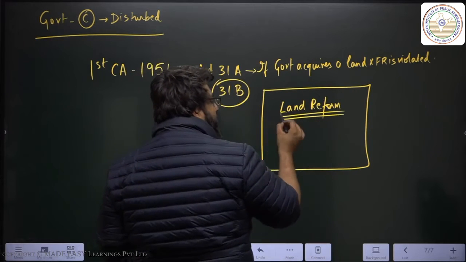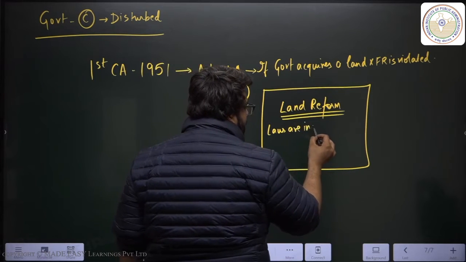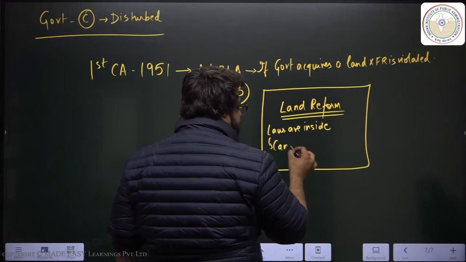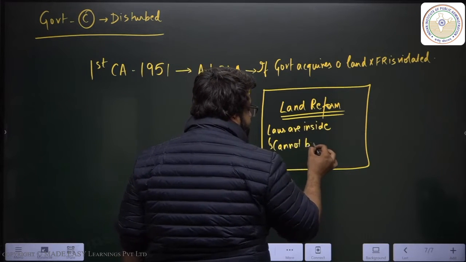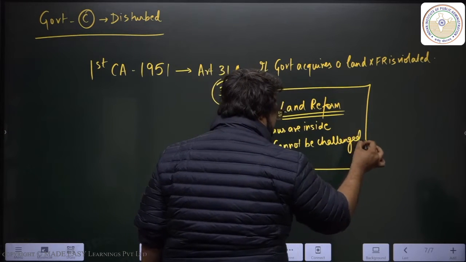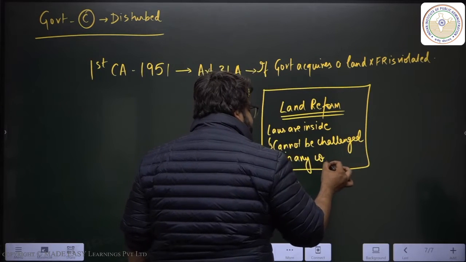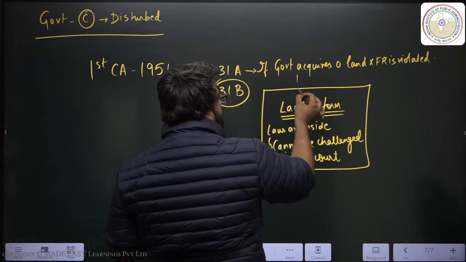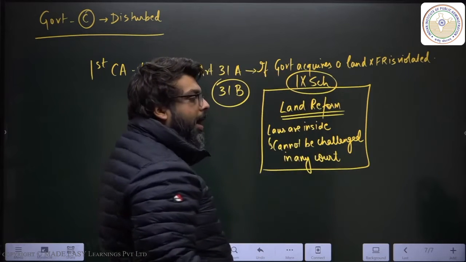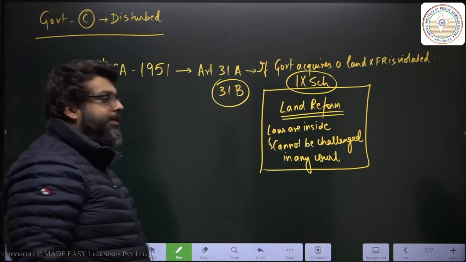That whatever laws are inside this box cannot be challenged in any court. And we will call this box the 9th Schedule. Ab ukhad do jo ukhaadna hai. You can't challenge these laws.